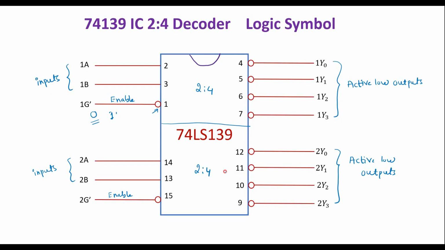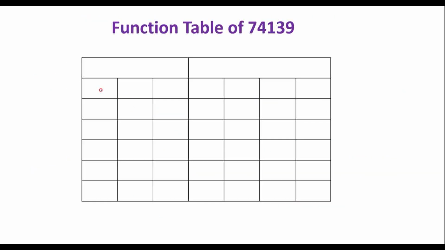Now let me write the function table of this 2-to-4 decoder. So now in general, in both the cases, we have A and B as the inputs. G dash is the active low enable input. Now let me write that. So this is the enable input, that is G dash. We have B input and we have A input.